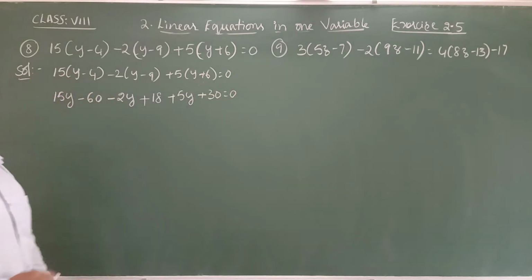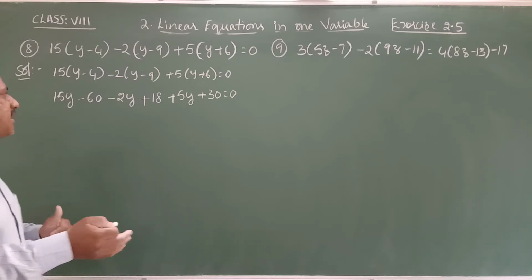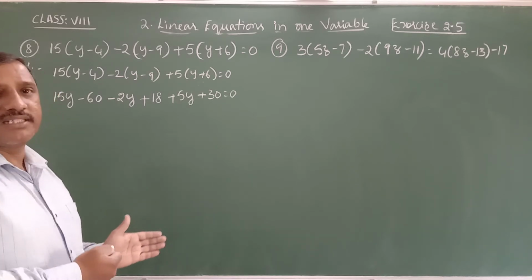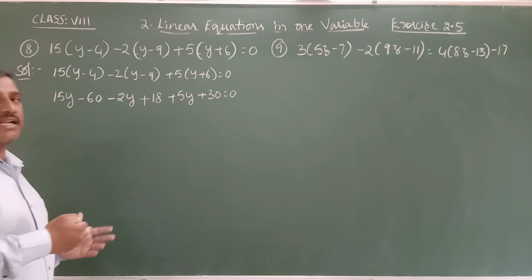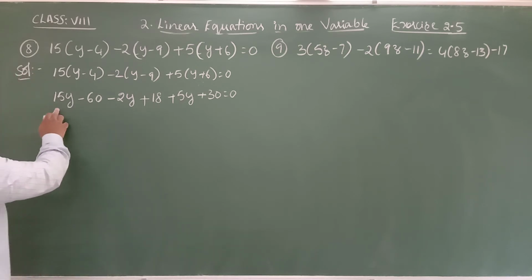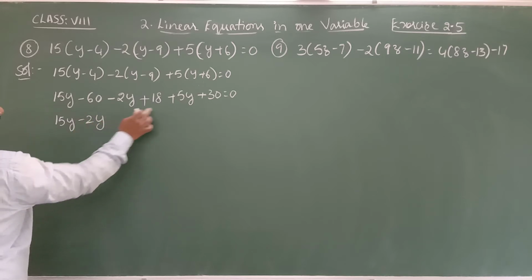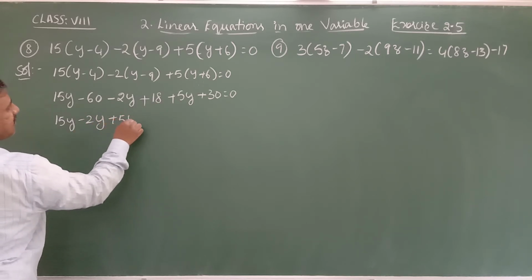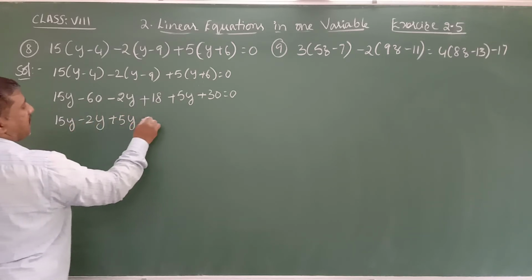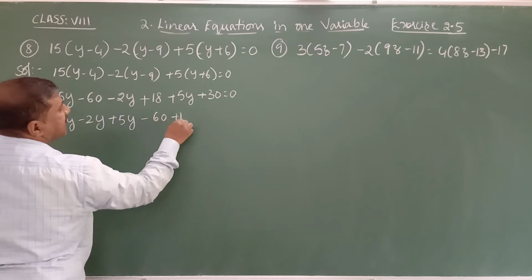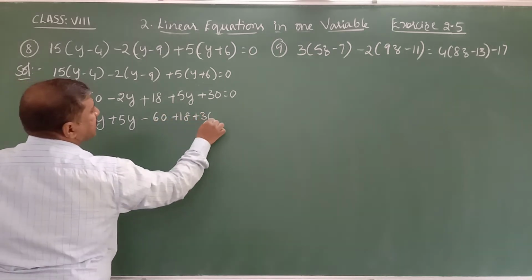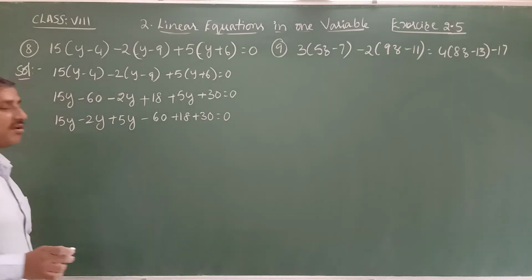That equals 0. Now we regroup the terms, writing variables in one place and constants in one place. That is 15y minus 2y plus 5y. Similarly the constants, minus 60 plus 18 and plus 30, equals 0.